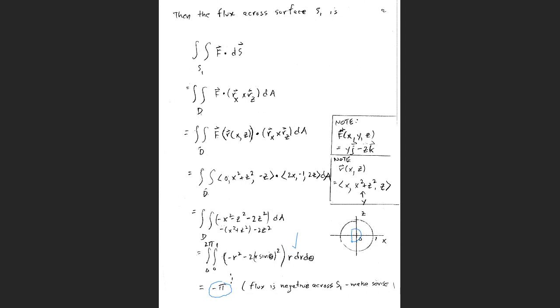In this case, x squared plus z squared is equal to r squared. Here, x is r cosine theta, and z is r sine theta. And so indeed, our flux was negative across that first surface. That made sense.